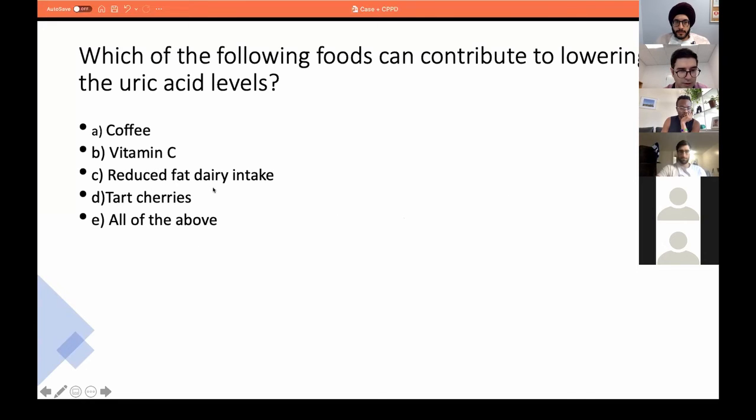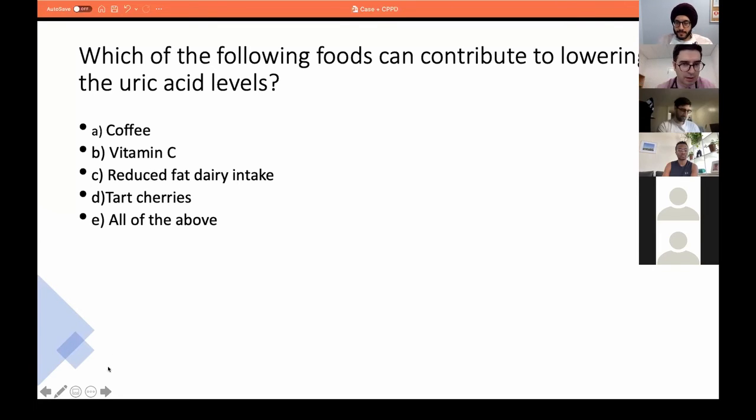So reduced fat dairy intake is a good answer. The other ones also have been associated with decreased uric acid levels, but tart cherry is kind of hard to find. So I think all of the above are possible good answers, but reduced fat dairy is also a very good one.